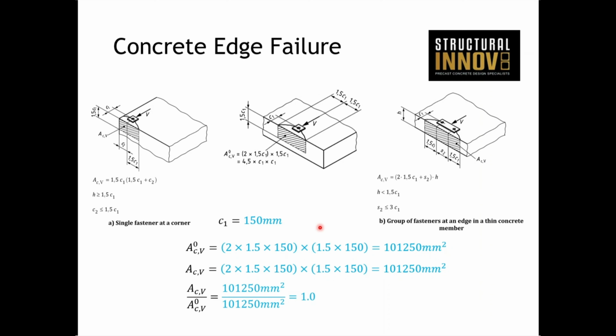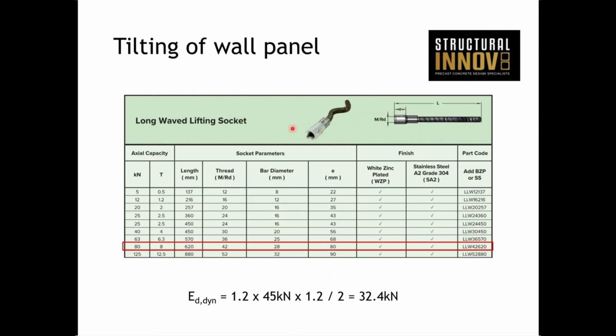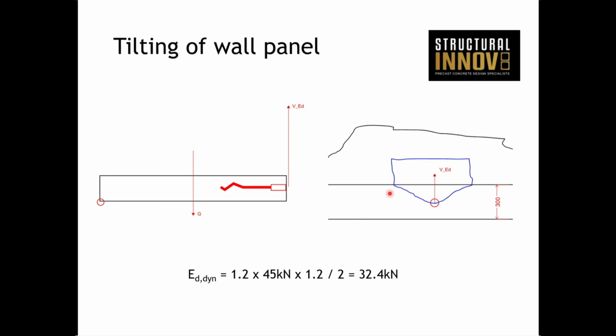We're quite close to the edge now. We're 150 millimeters from the edge with a large force on it, so we're going to check the same parameters again. In this case, C1 is 150, so 1.5 times C1 is 225. So we have essentially 225 available to the left, available to the right, and available down the panel.